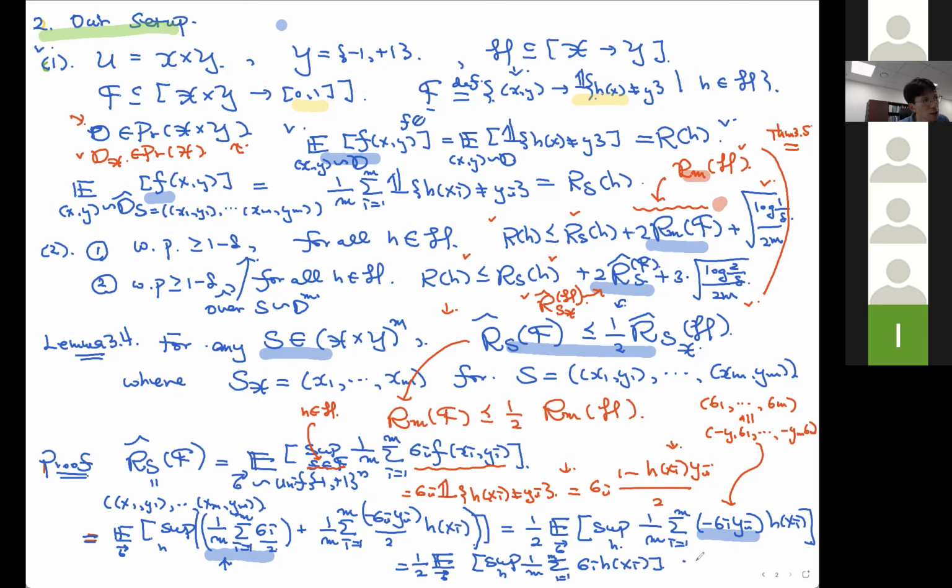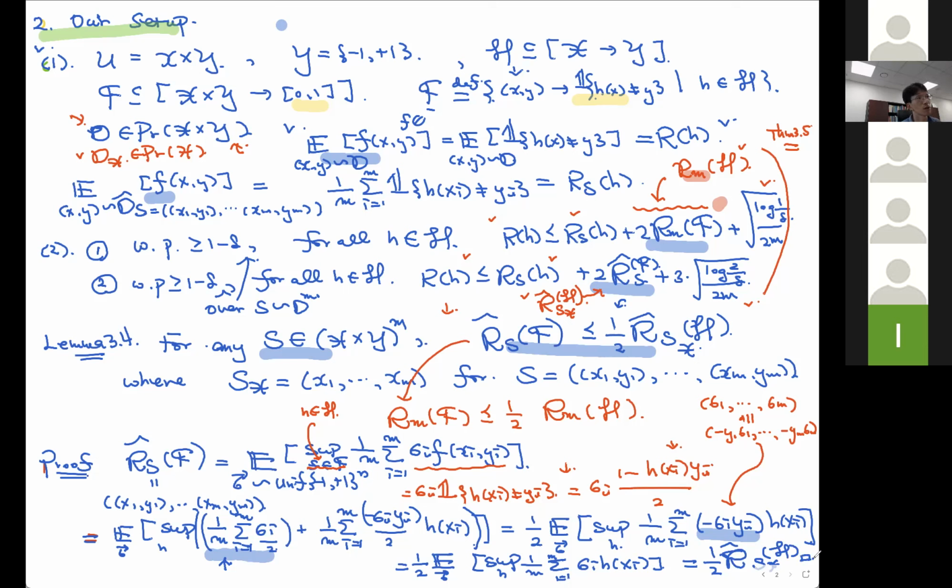So that's exactly the Rademacher complexity, the empirical Rademacher complexity over H. That is the statement that we want to prove here.